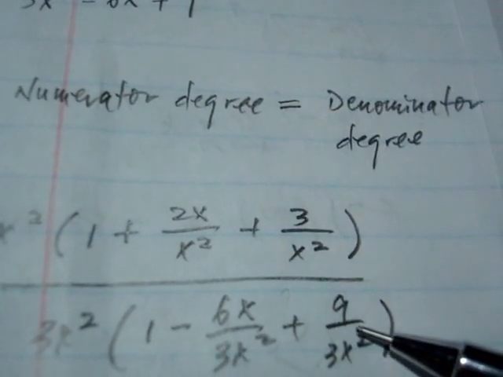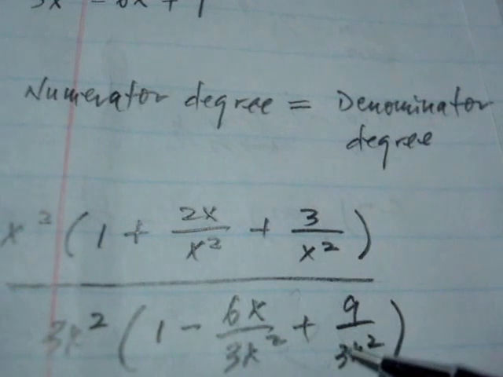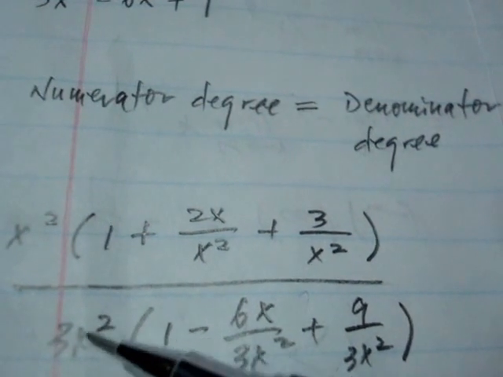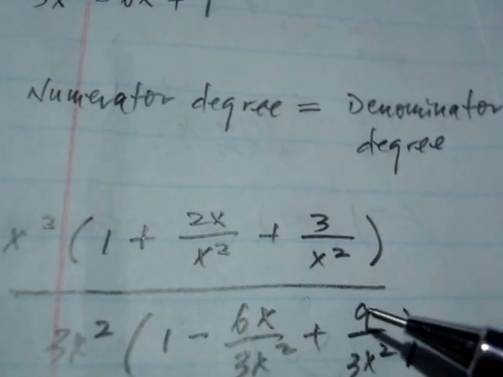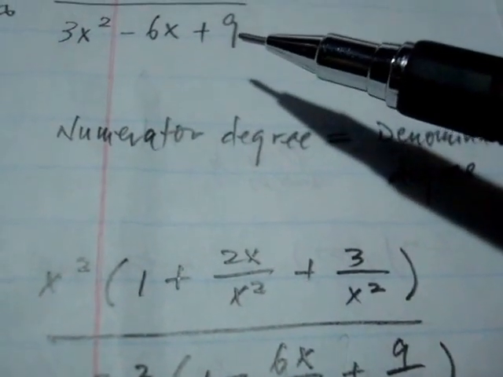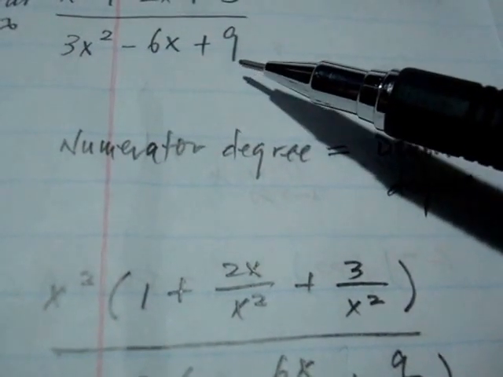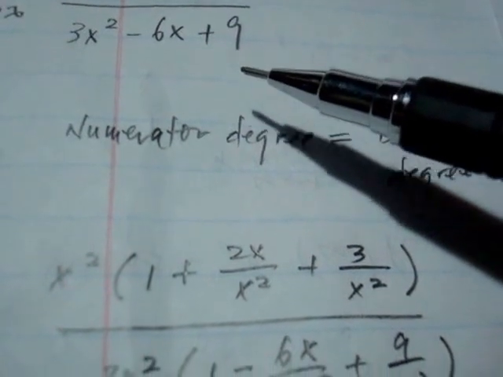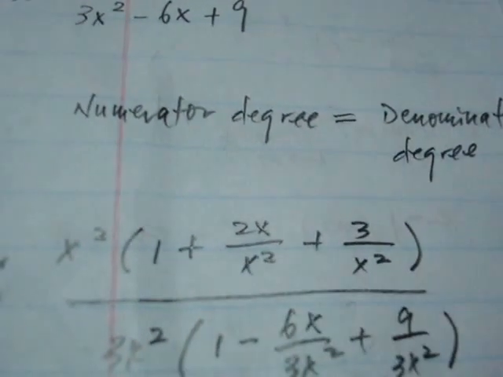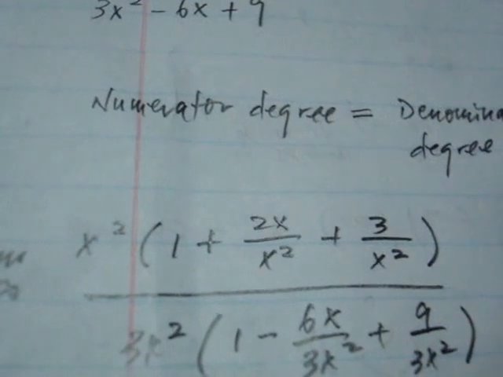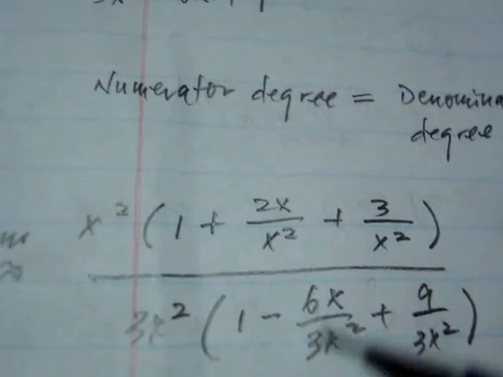The same thing for this one. 3x squared will cancel with the leading term of 3x squared, and you're left with the 9, which is the same thing as the given rational expression. Once you have all this, it's time to cancel the leading term.